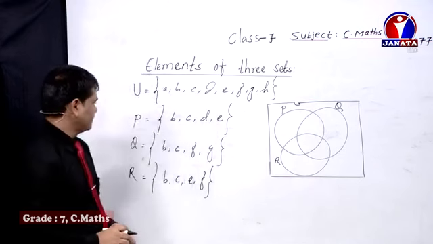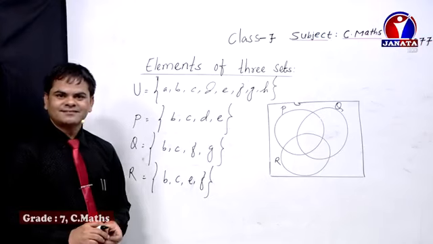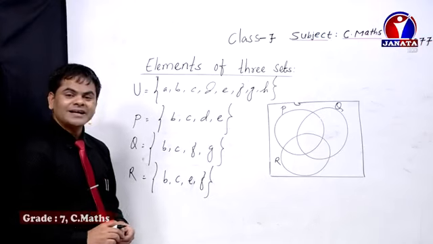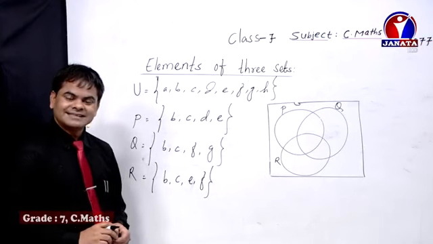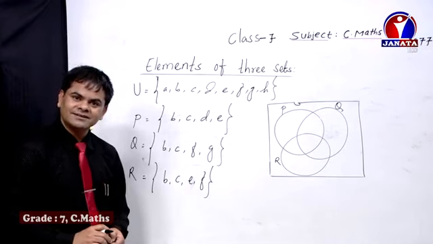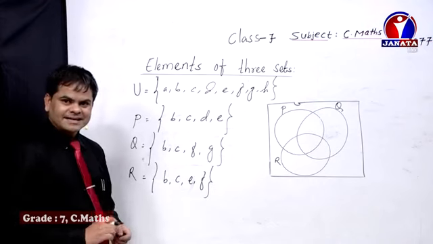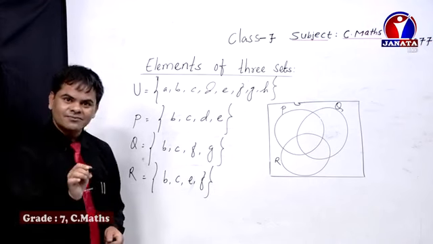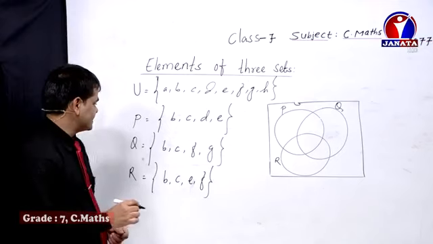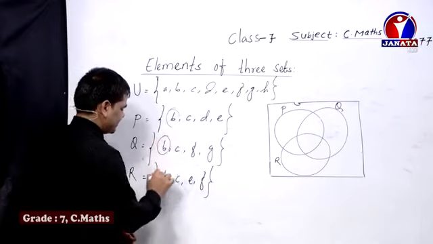Now, first of all, what do we have to do? We need to see the common elements among the 3 sets, and we should plot them at the common area of all the 3 sets. So which are common, dear students? Tick them, dear students. You can round off or tick those elements. B, if you see, B is in here, B is in here, here also.